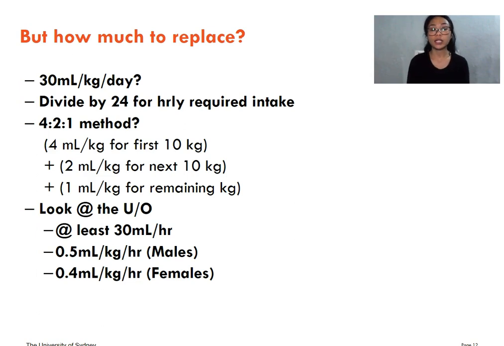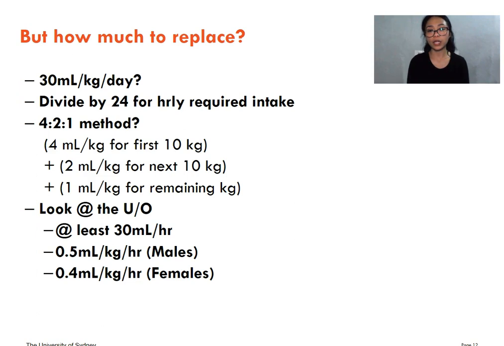So if a patient weighed 60 kilograms, their hourly intake, according to the 4-2-1 method, would be 40 plus 20 plus 40, and that would equal 100 milliliters per hour.